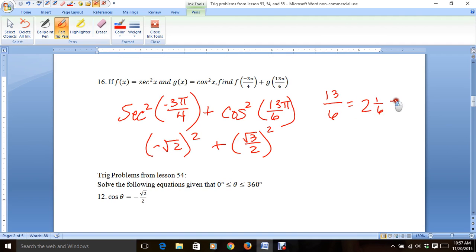So if this is pi, you're talking about 2 and 1/6 pi. So that means you go 2 pi, which is spinning all the way around the circle, and then go 1 more pi over 6. So it puts you at 30 degrees. And that is where cosine is square root of 3 over 2. And then you just square these, and you get 2 plus 3/4. So it's going to be 8/4 plus 3/4 is 11/4.